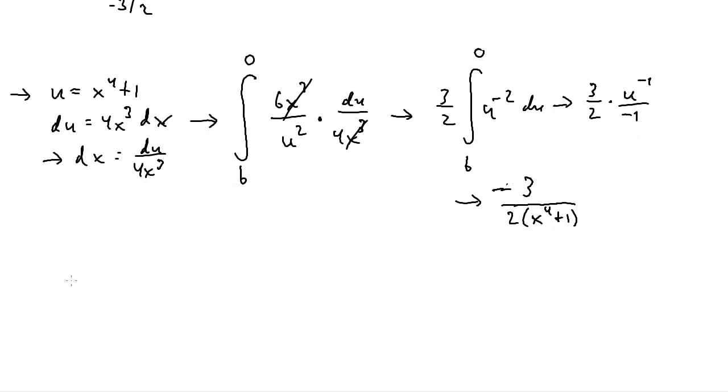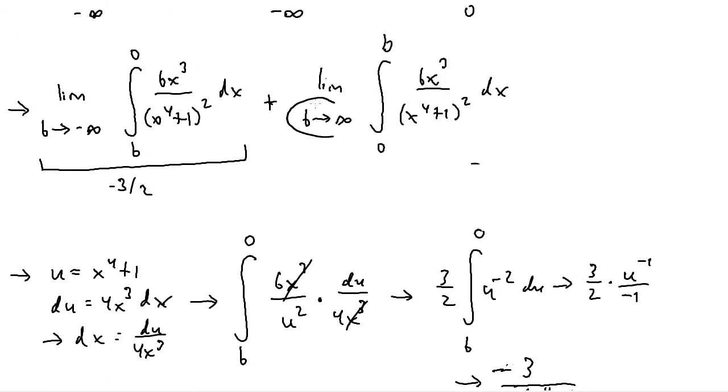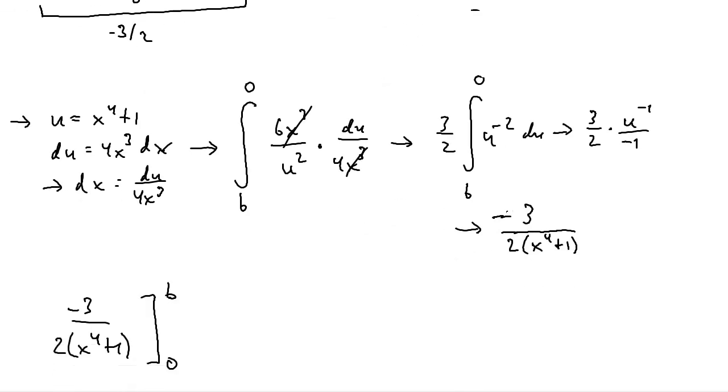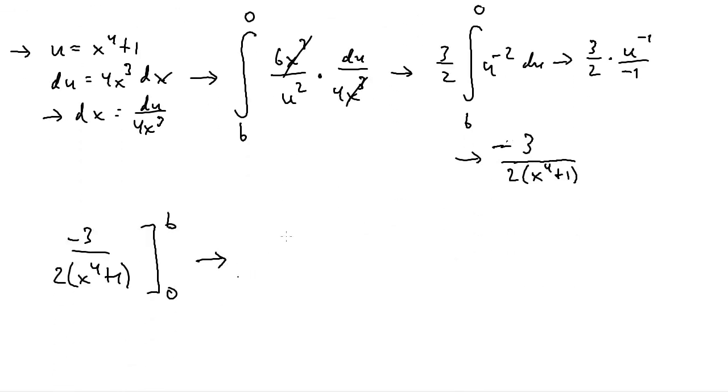From 0 to b. So we can write negative 3 over 2 times (x to the 4th plus 1). And once again, we're going from 0 to b this time, and it's the limit as b approaches infinity. So if I were to evaluate this really quickly, when I plug in b, I'll get negative 3 over 2 times (b to the 4th plus 1), minus, when I plug in 0, I'll get negative 3 over 2 times (0 to the 4th power, which is 0, plus 1, which is 1).